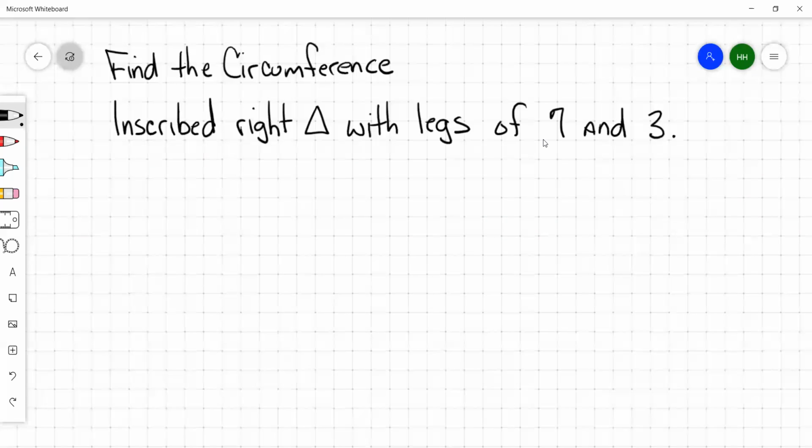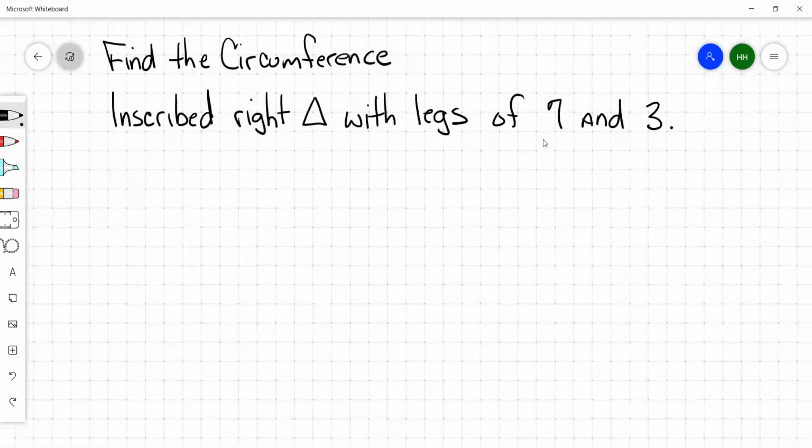So here's what this thing looks like. Some of you may be able to picture it, and you won't need to draw a picture. Some of you won't. But if you've got a circle, inscribed right triangle, let's see, you're going to need a 7.